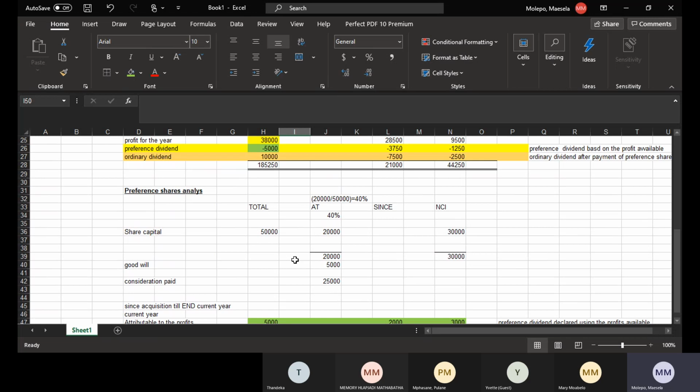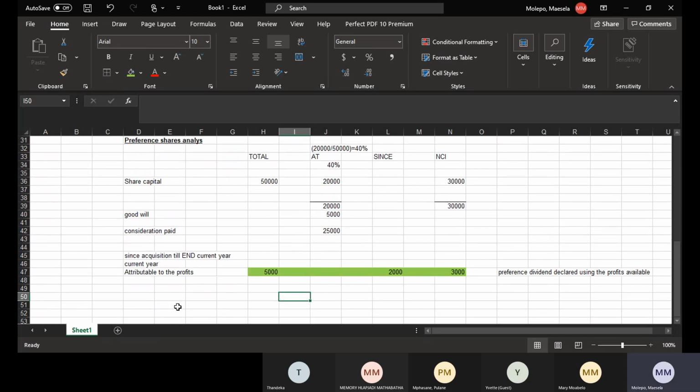But sometimes they can say the share capital consists of 10% preference shares of 50,000 shares, where the amount, instead of being 50,000, becomes 100,000 or 150,000 or 200,000. So the amount multiplied by the percentage will be the preference dividend declared.